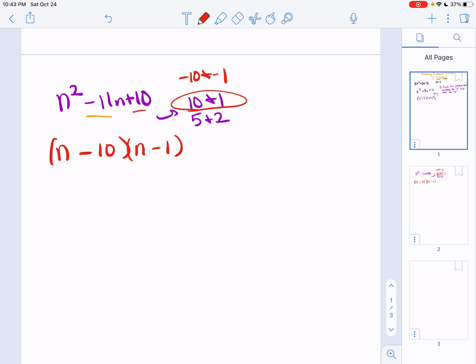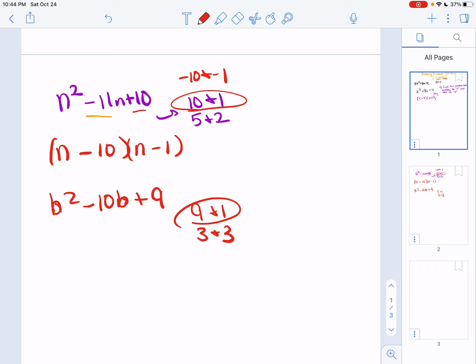Alright, the next one. Let's do b squared minus 10b plus 9. Same deal: two numbers that multiply to 9 and add to negative 10. The only factors of 9 are 9 and 1, and 3 and 3.